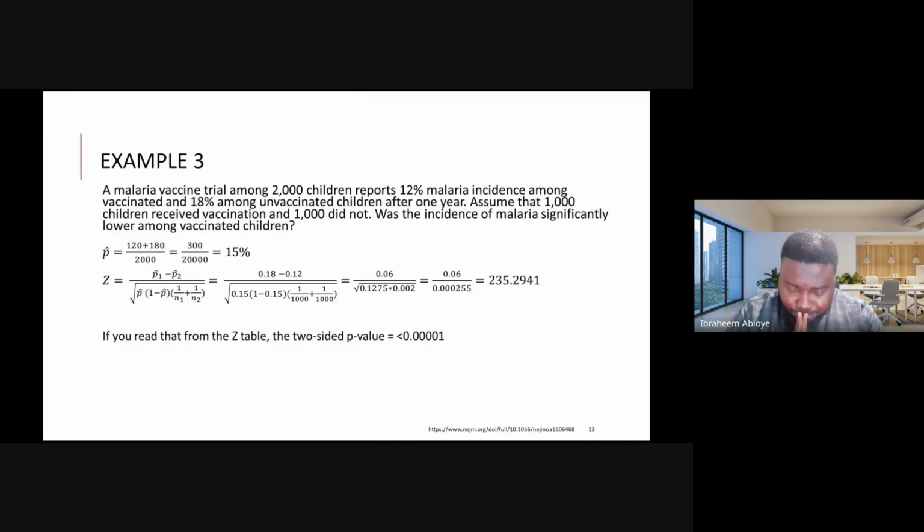How do I say this? The numerical value of the Z statistic, you cannot by itself make any sense of it without knowing another measure called the degrees of freedom. When you have a 2x2 table, the degrees of freedom is 1.